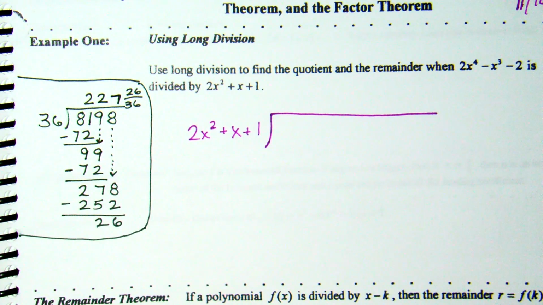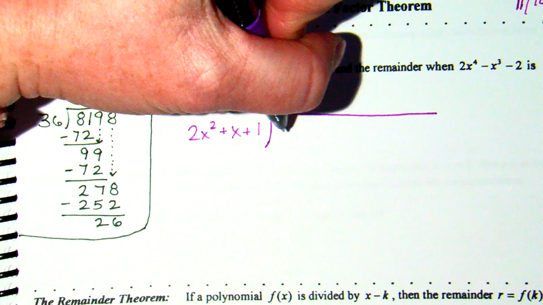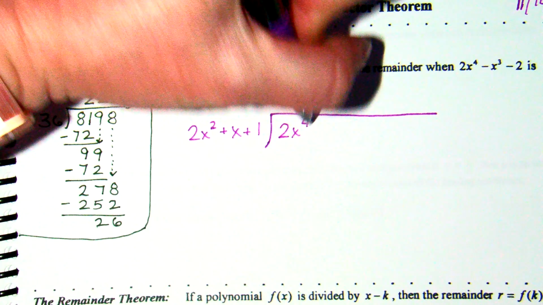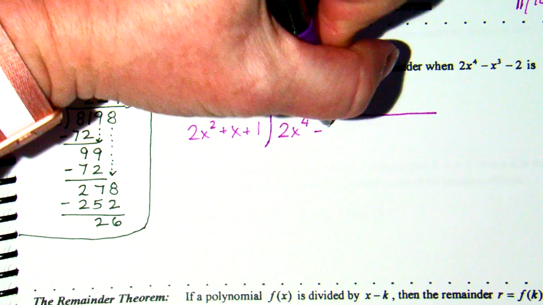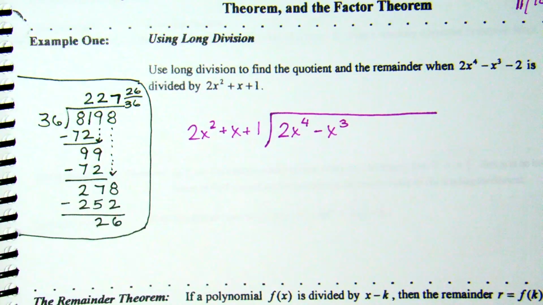There's a slight trick when doing long division that makes life a little bit better. And that is making sure that all powers are represented. Meaning, the first piece in the division is 2x to the 4th. The next term is a minus x cubed. What should come after an x cubed term in standard form?